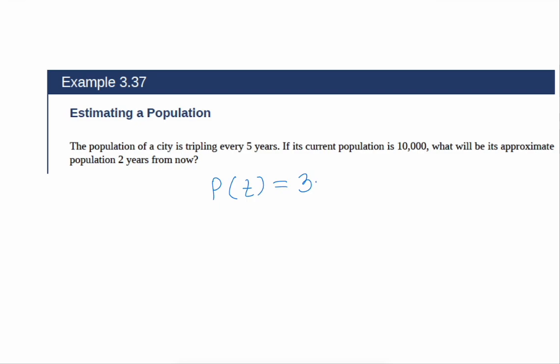Let's see, how could we put that? Let's call it P sub 0. That's the initial population. And then it would be the time divided by 5.